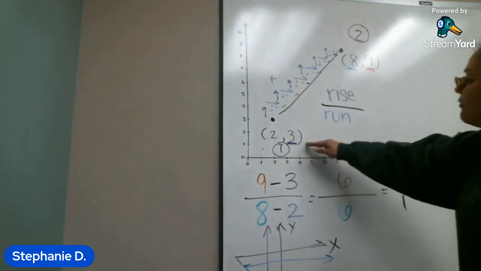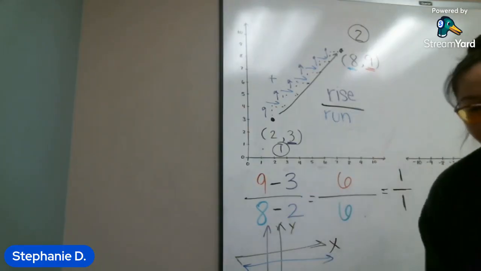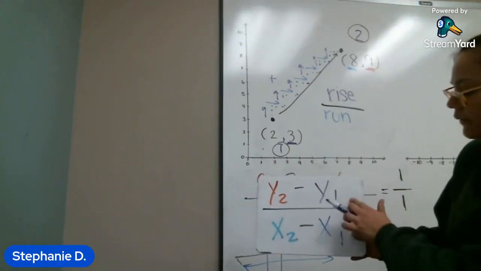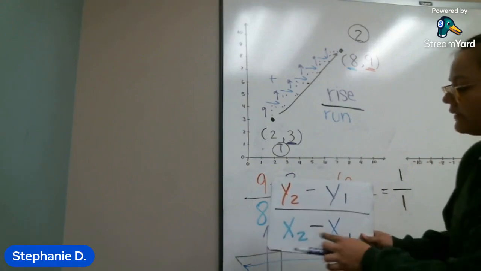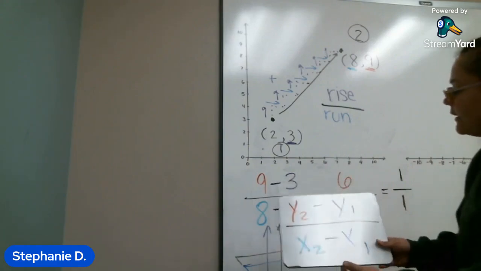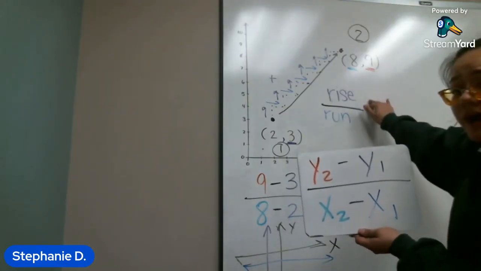This is how you're going to find slope. We can use a formula, y2 minus y1, the change, over x2 minus x1, the difference between the two points. That's how we do it if we don't have a graph.